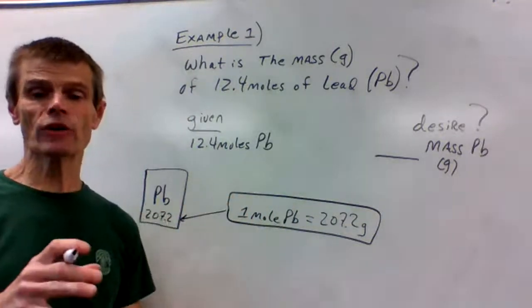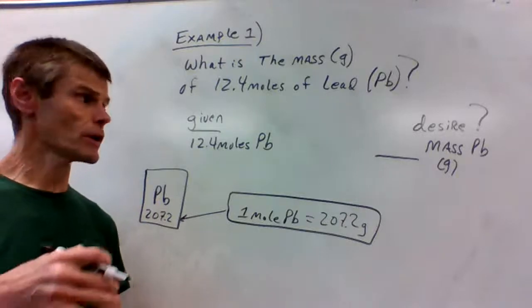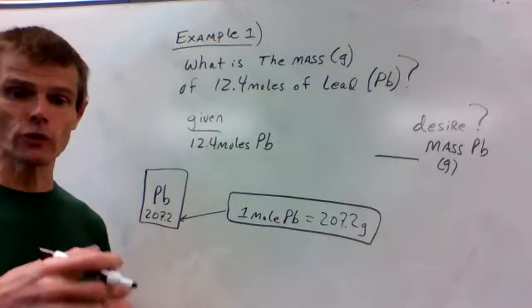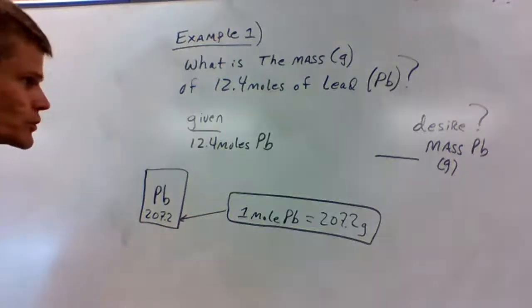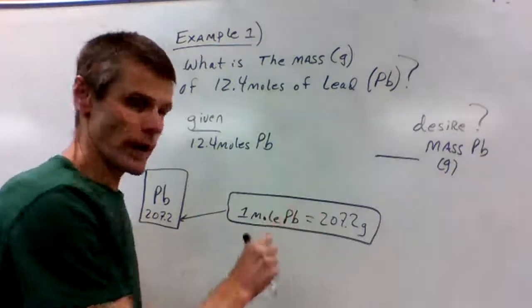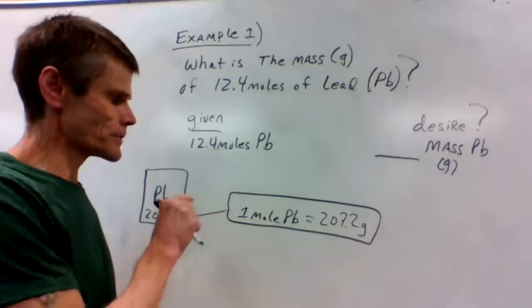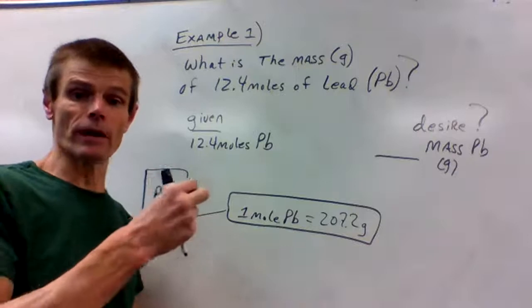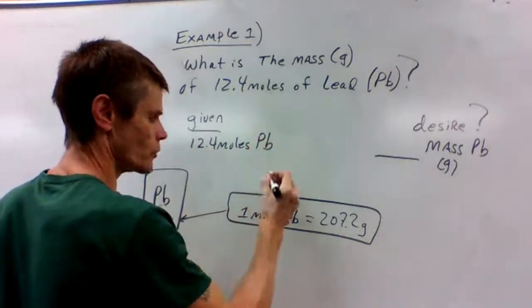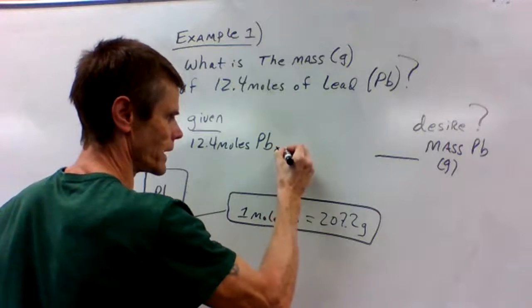This is our conversion factor, this value from the periodic table. And remember how we use conversion factors. We use conversion factors as a ratio. And what we use in this case is the ratio that has moles in the denominator and grams in the numerator. Let's set this up as a conversion factor and multiply this value by our given value.